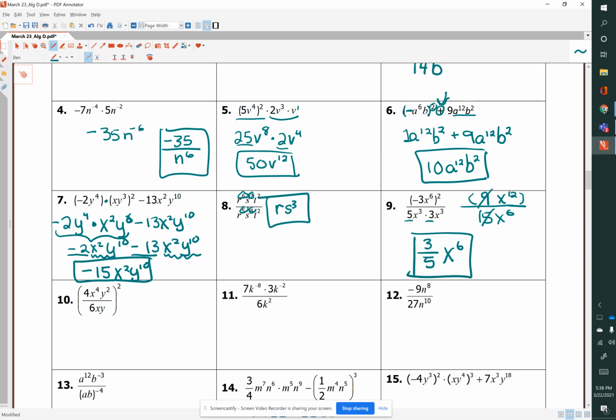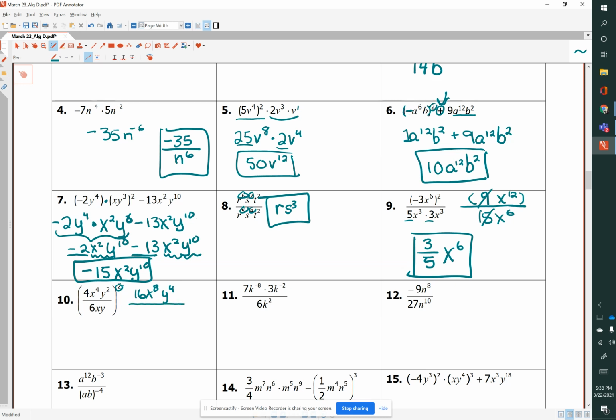Okay, number 10, we have a little bit of work we have to do here. So 4 to the 2nd power, 4 times 4 is 16. X, 4 times 2, 8. Y, 2 times 2, 4.